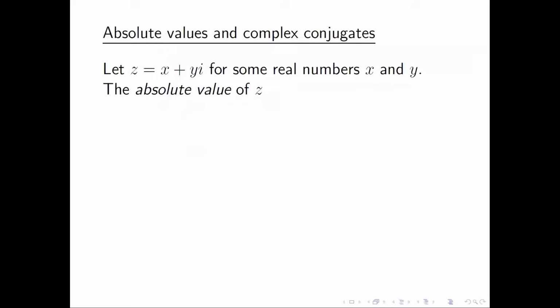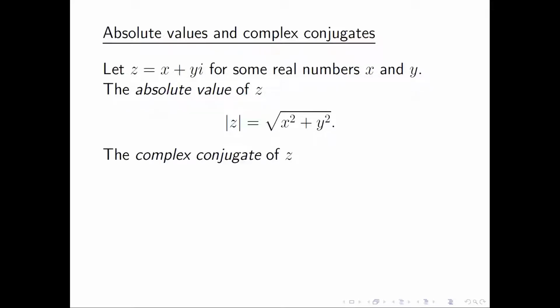The absolute value of z is defined to be the square root of x squared plus y squared. The complex conjugate of z is defined to be z bar equals x minus yi, switching the sign of the imaginary part.